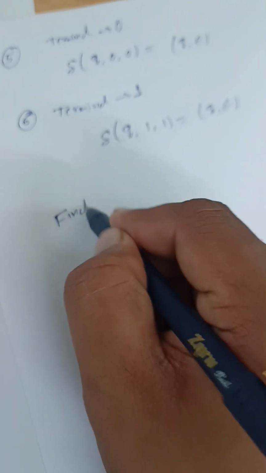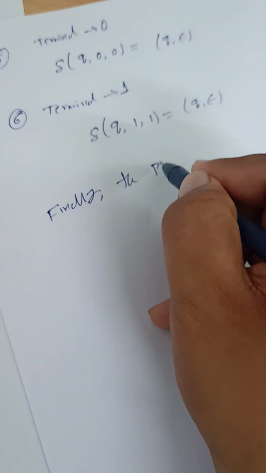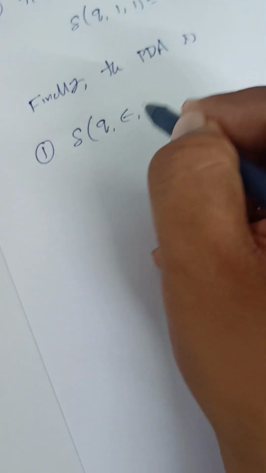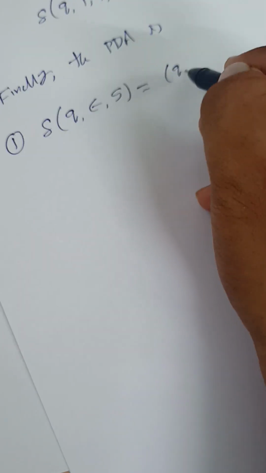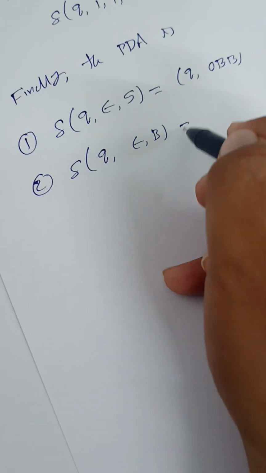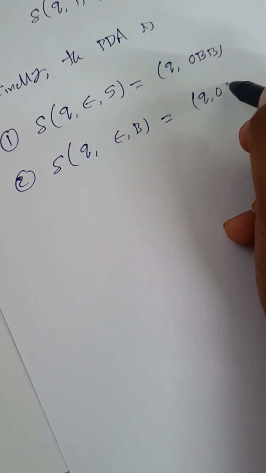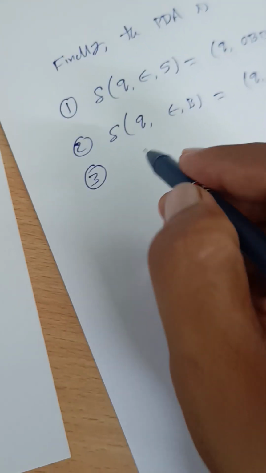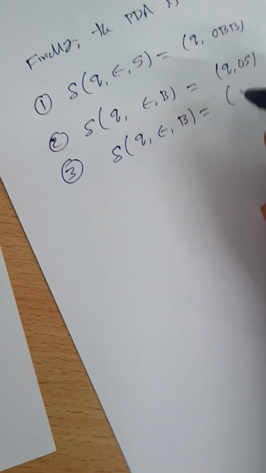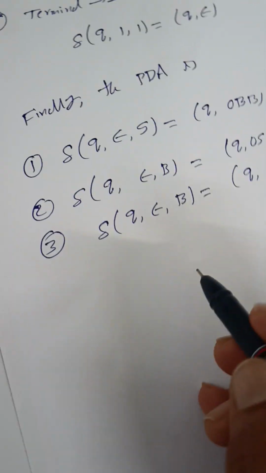Finally, the PDA is as follows. First, delta of q comma epsilon comma S is equal to q comma 0BB. Second, delta of q comma epsilon comma B is equal to q comma 0S. Third, delta of q comma epsilon comma B is equal to q comma 1S.